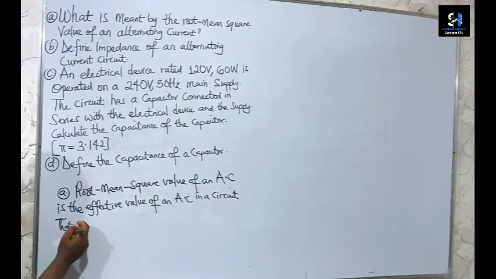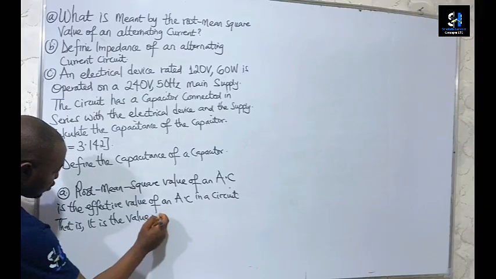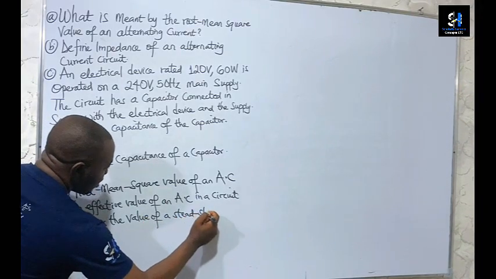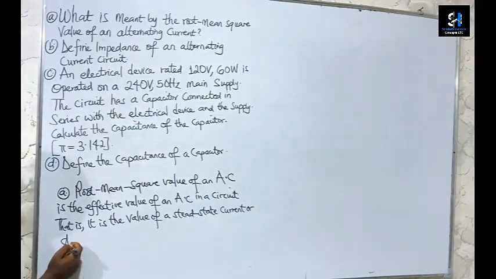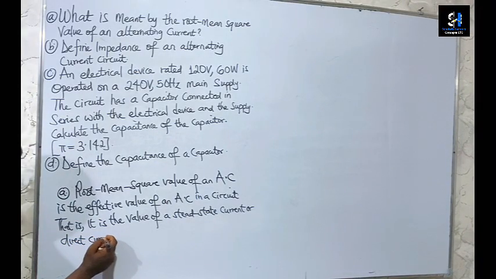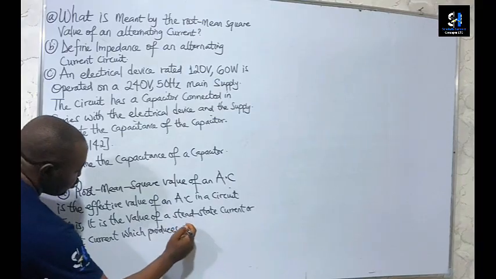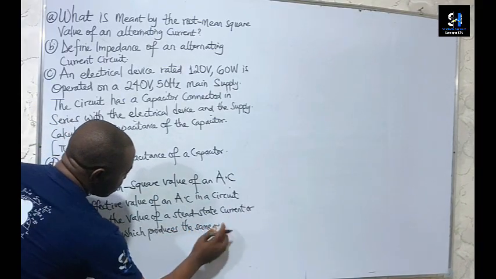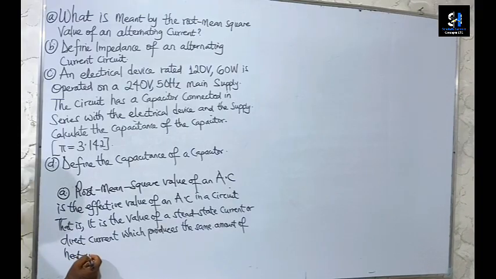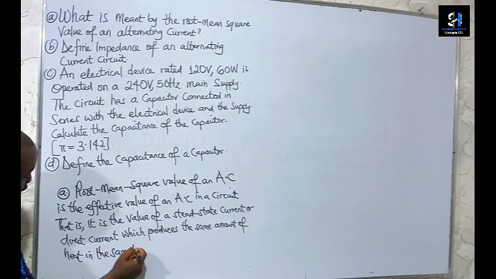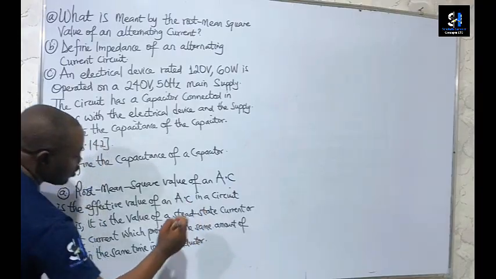That is, it is the value of a steady state current or direct current which produces the same amount of heat in the same time in the same conductor.